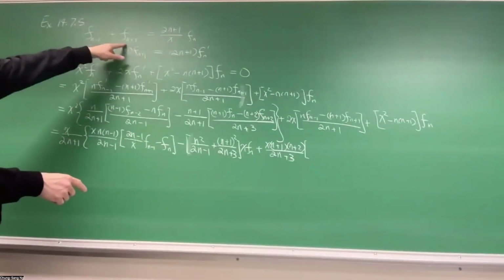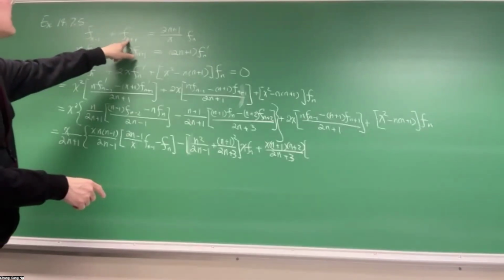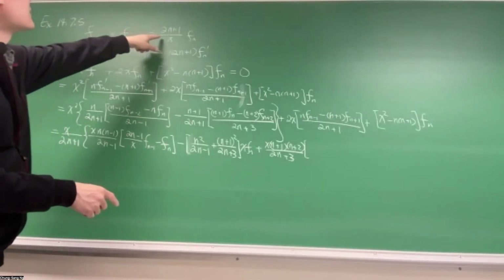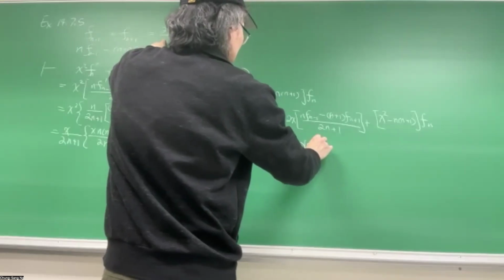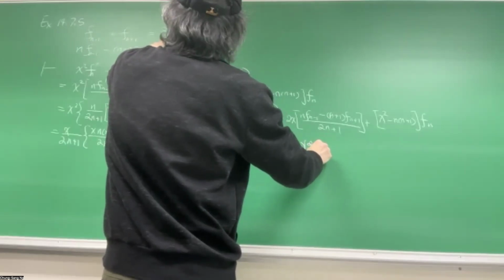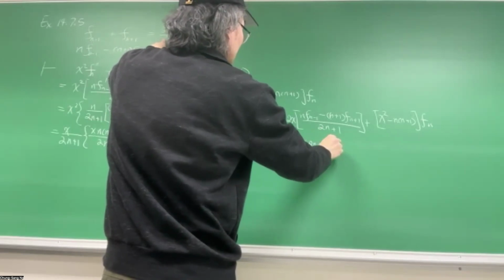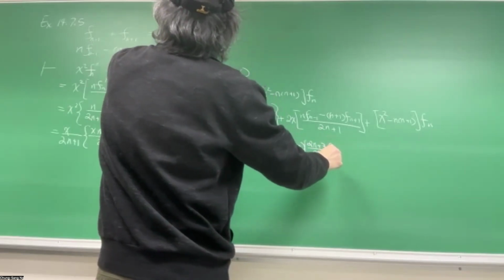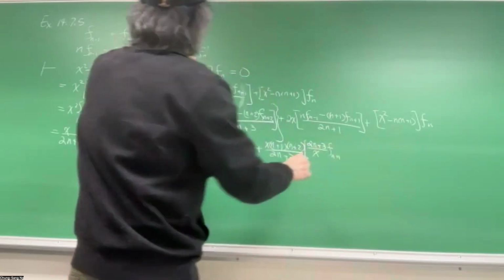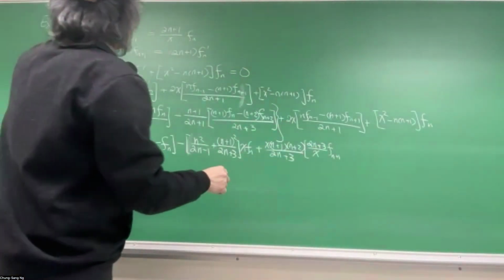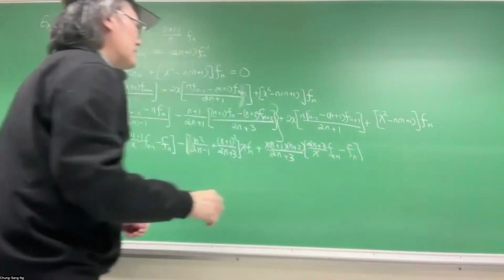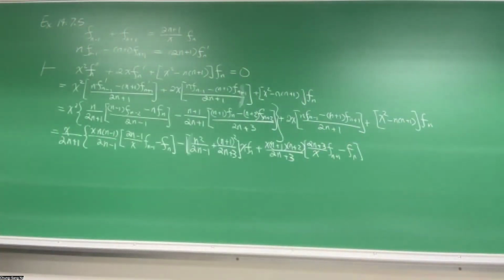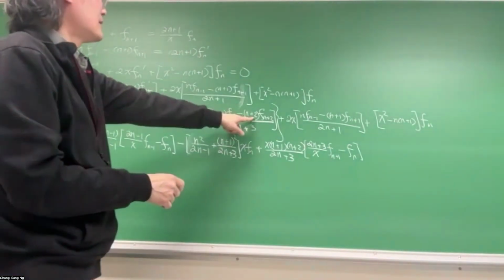So you shift this to n plus 1. So this n plus 1 equals this 2n plus 3 over x f(n plus 1), right? And then minus fn. Okay, so that took care of this term.